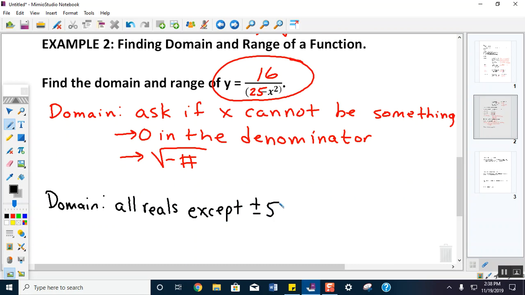All reals except plus or minus 5. Because if I throw 5 in for x or -5 in for x, what's that make your denominator again, kids? 0. Is 0 in the denominator a good thing or a bad thing?